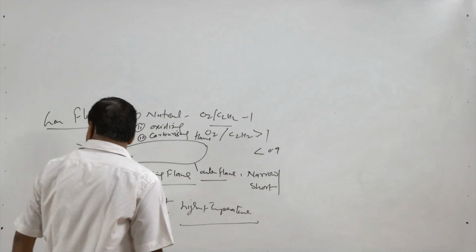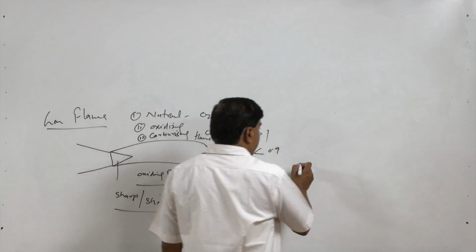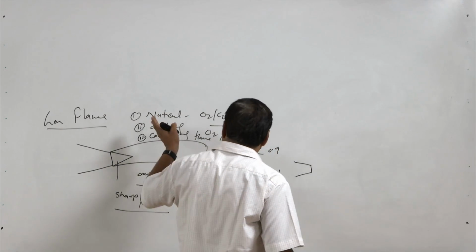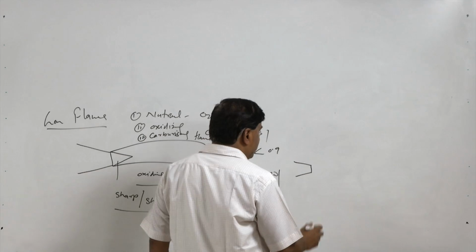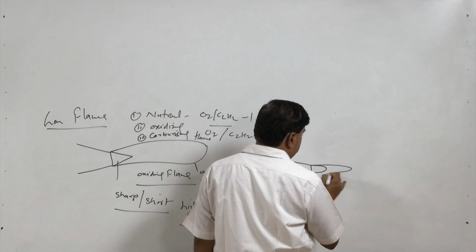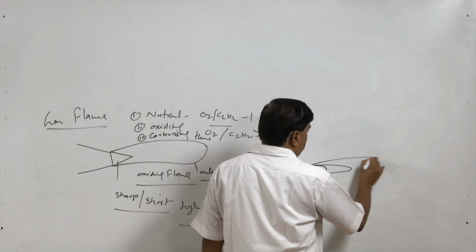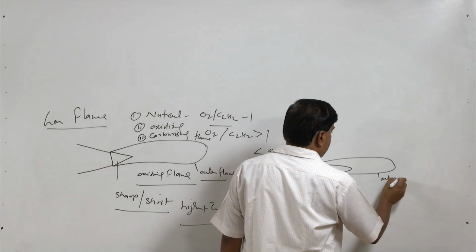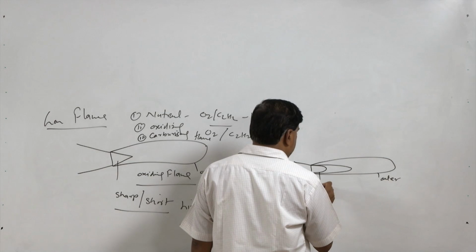When the situation changes, like if we have a higher percentage of acetylene, apart from the inner cone, one intermediate cone is also observed between the outer and the inner cones.